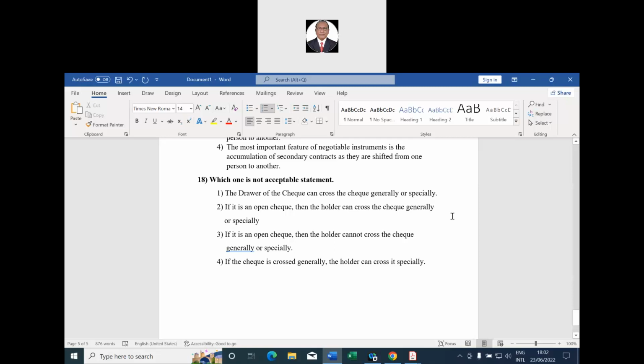The fourth option, if the cheque is crossed generally, the holder can cross it specially. Not accepted means wrong. Number 3 is wrong. If it is an open cheque, then the holder can cross the cheque generally or specially.